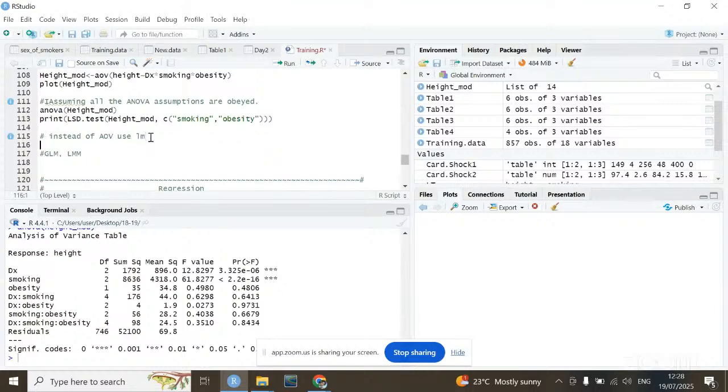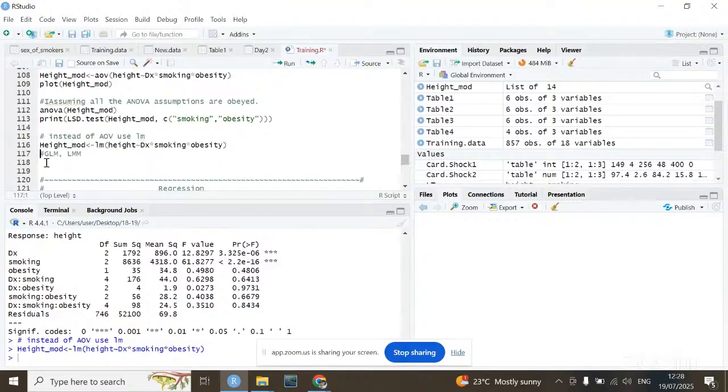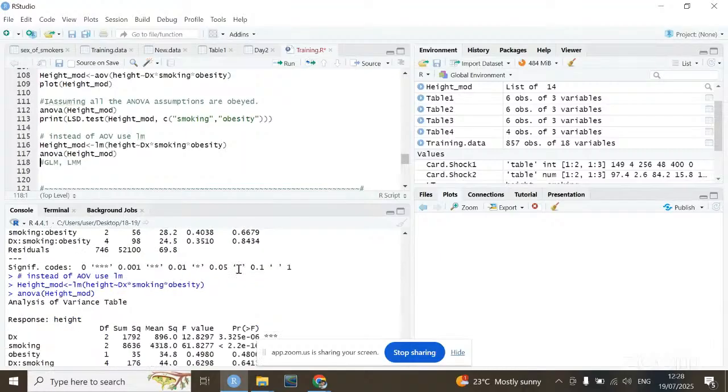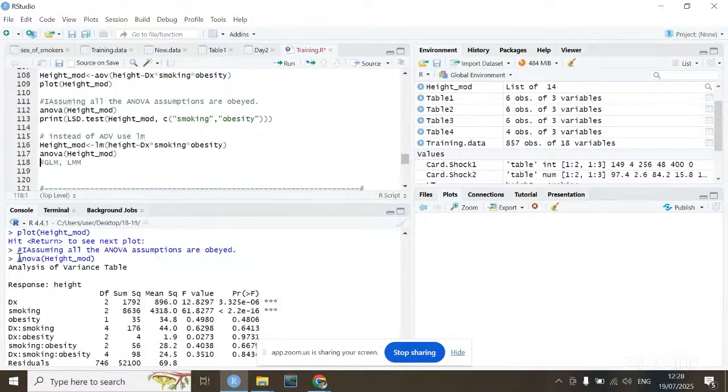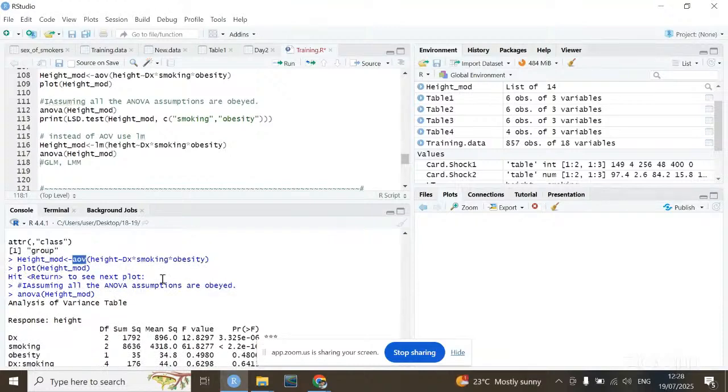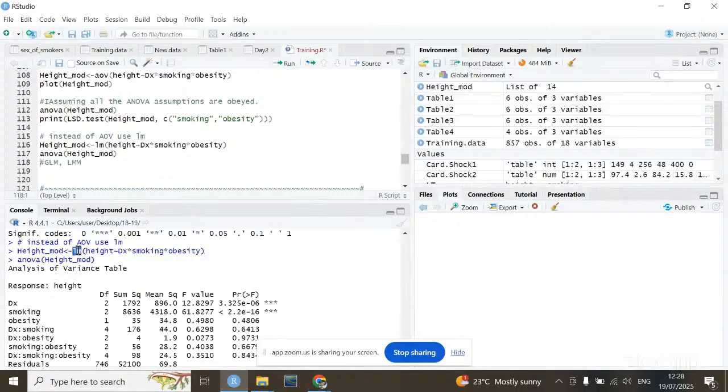So if you say height, it will still be the same thing. It will still be the same results. Here we had used AOV, the AOV. But down here we had used linear model. So it is the same thing.